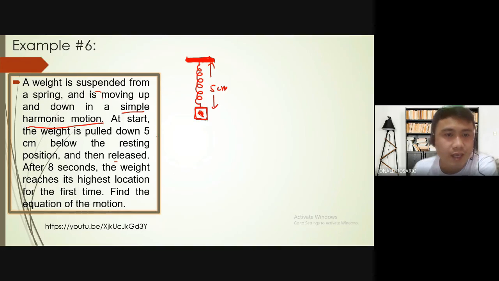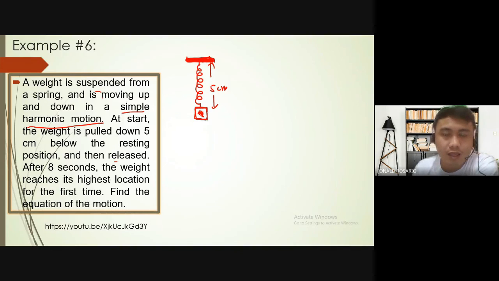And it is also given that after 8 seconds, the weight reaches its highest location for the first time. Highest location kasi nga bumalik na sa normal. Kasi magmumove yan back and forth. Katulad nga ng definition ng simple harmonic motion kanina, back and forth yung movement ng ating object, suspended, of course, in a certain spring.